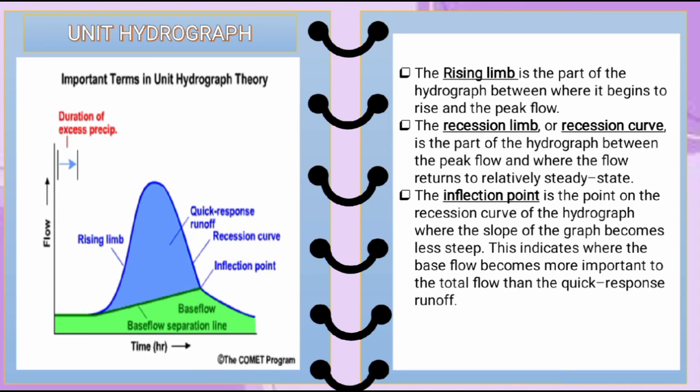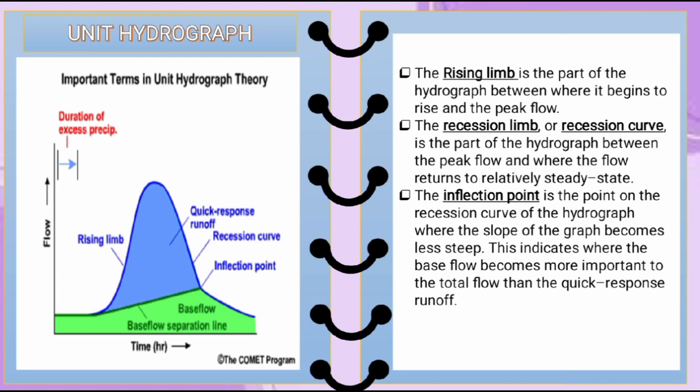This is the graph of the unit hydrograph theory. The rising limb is the part of the hydrograph between where it begins to rise and the peak flow. The recession limb, or recession curve, is the part of the hydrograph after the peak flow where the flow returns to a relatively steady state.